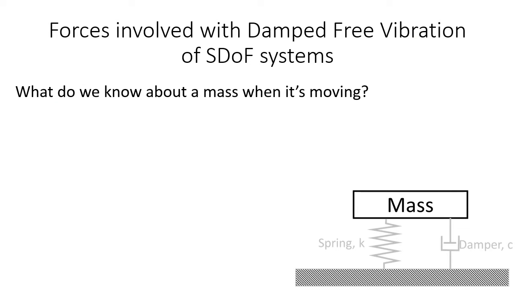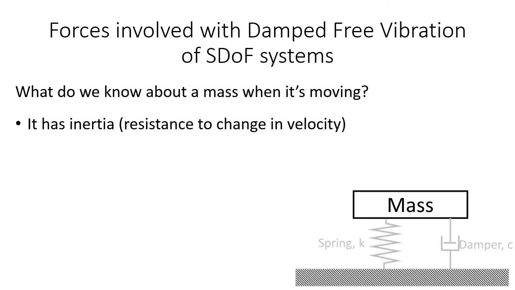Let's take a look at the forces that are involved in our system. We've got the three components, the mass, spring and damper. So let's run through those in turn. What do we know about mass then when it's moving? Well, if it's moving, or even if it's stationary, it has a resistance to change its velocity, and that's its inertia. And that's the same whether it's a linear system or if it's an angular or rotary system.